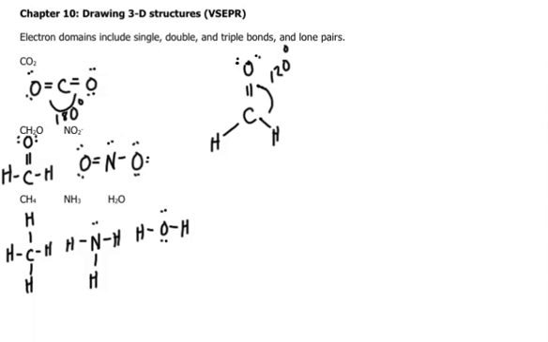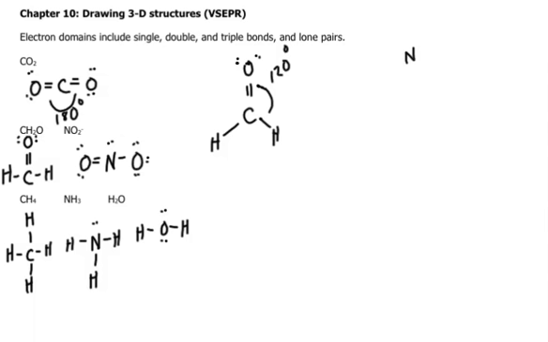For the NO2 minus, again, the Lewis structure is given there. The nitrogen in the center has a double bond, a single bond, and a lone pair. So again, that's 3 electron domains. So those domains are going to behave just like the CH2O. You're going to have the nitrogen in the center.